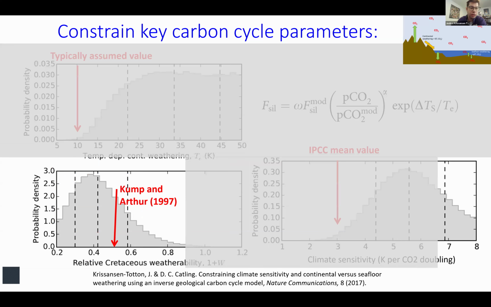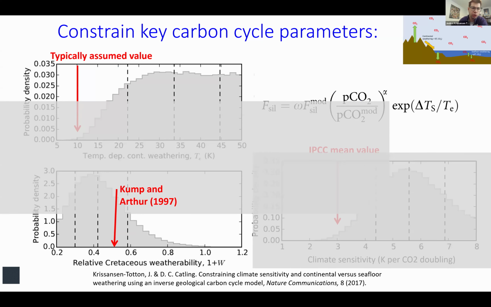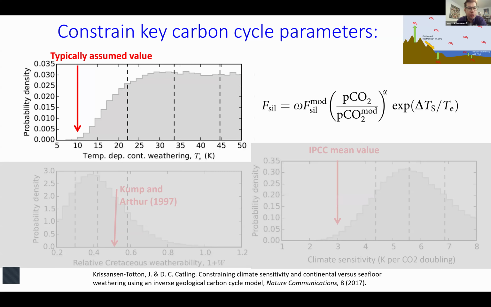We also found, consistent with previous work, that there has to be something other than the CO2 temperature feedback driving changes in weathering over the last 100 million years. And we're able to constrain the magnitude of that. But crucially, we also constrained this temperature dependence of continental weathering. This is a little bit confusing, so let me just take a minute to explain it.